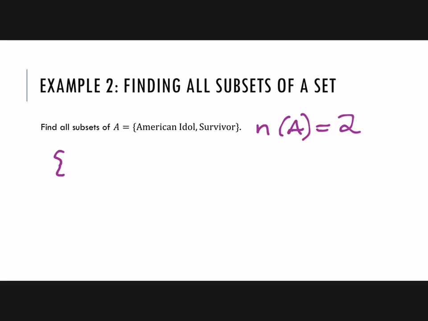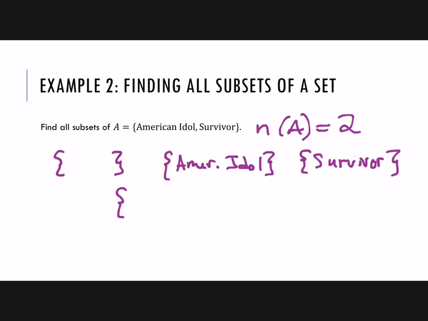Alright, so I start with braces and then I just fill them with things from that set. Well, one option is to fill it with nothing from that set. Okay, that's the empty set. I could fill it with one thing. I could fill it with American Idol. Or I could take out just the set containing Survivor.